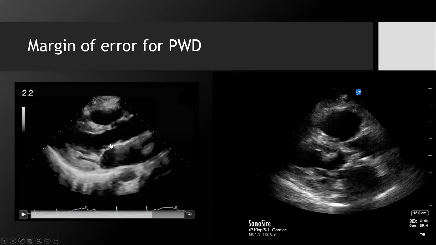Which means that in their apical 5-chamber view, you have a little more wiggle room for placing your pulse wave Doppler, because if you were off by a smidge here or there, you're probably still at the same diameter, so you could do the same VTI. I haven't seen this written anywhere, but it's based on everything we understand.